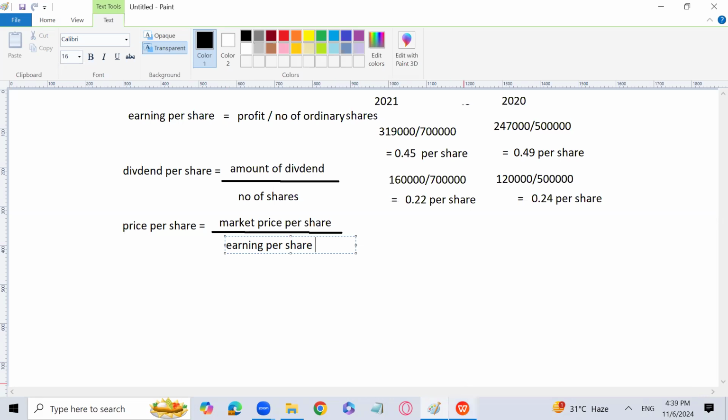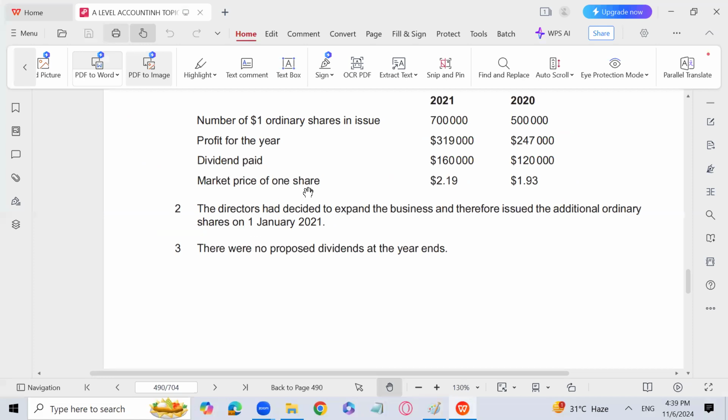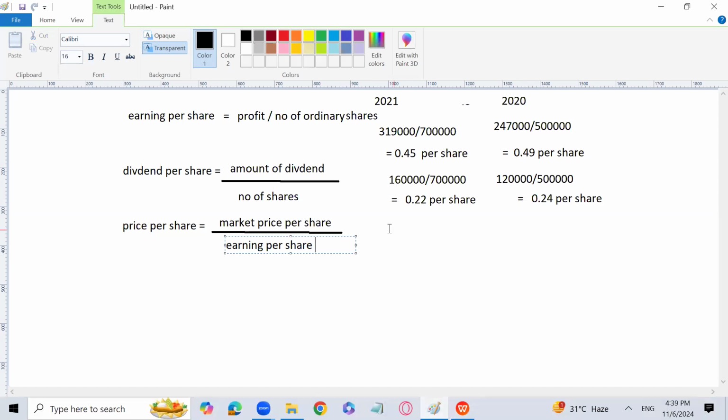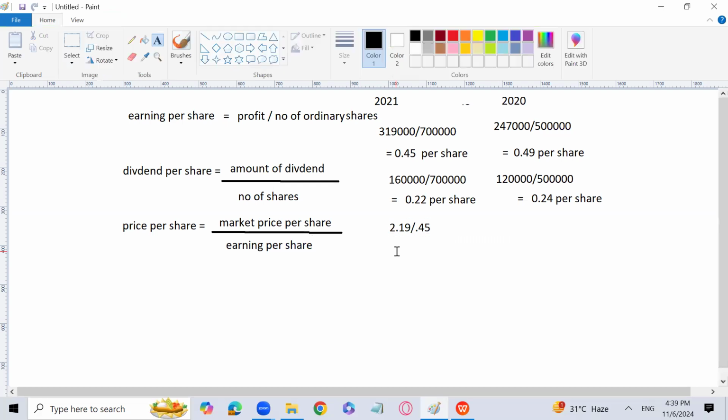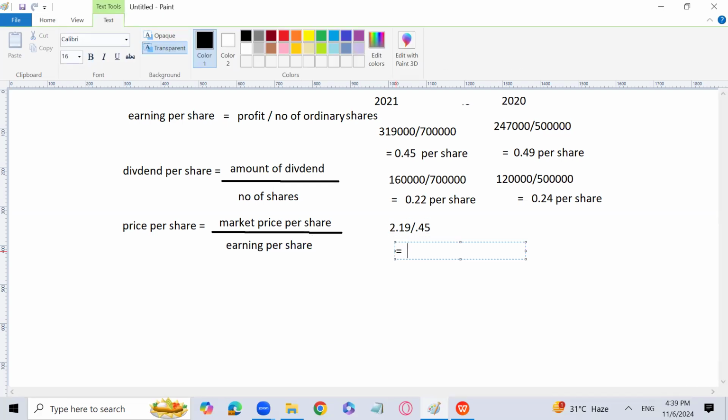So let's see, for 2021, the market price per share is given as 2.19 divided by earning per share, which we have already calculated, 0.45. The answer is written in times.